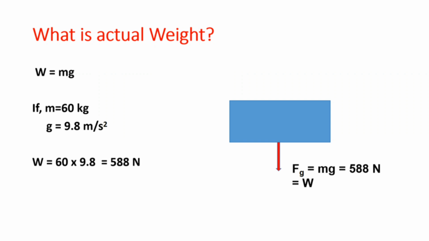So if a person has a mass of 60 kg and gravitational acceleration is 9.8 meter per second square, the weight is 60 multiplied by 9.8, which is equal to 588 newtons. This is the actual weight of the person. And here is the key idea. This does not change unless your mass or gravity changes.